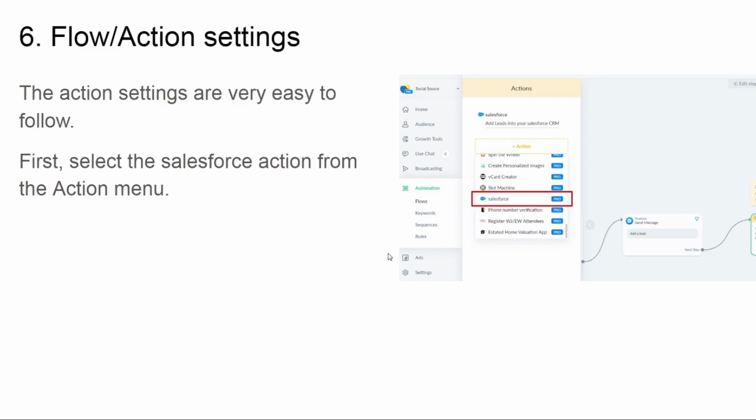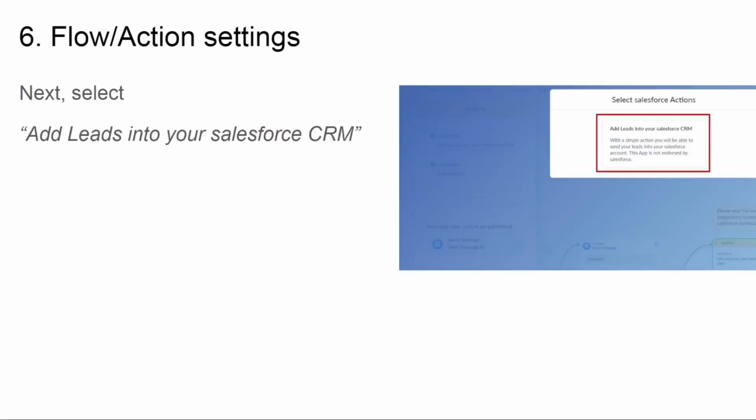Go to your Actions menu, click the plus action and scroll all the way to the bottom where you can find the Salesforce app link. When you click that one, a new window will appear, which looks like this.